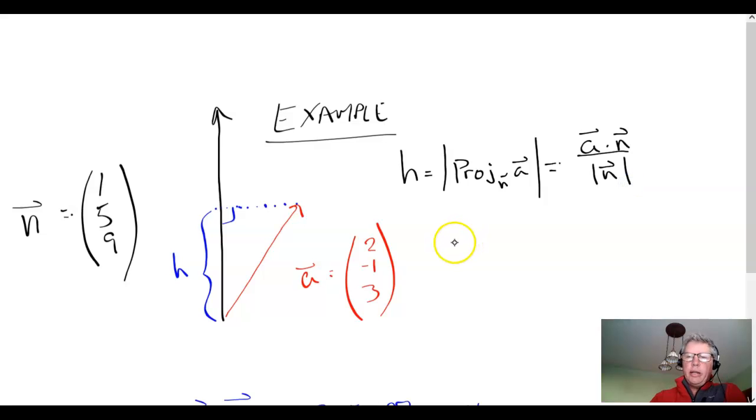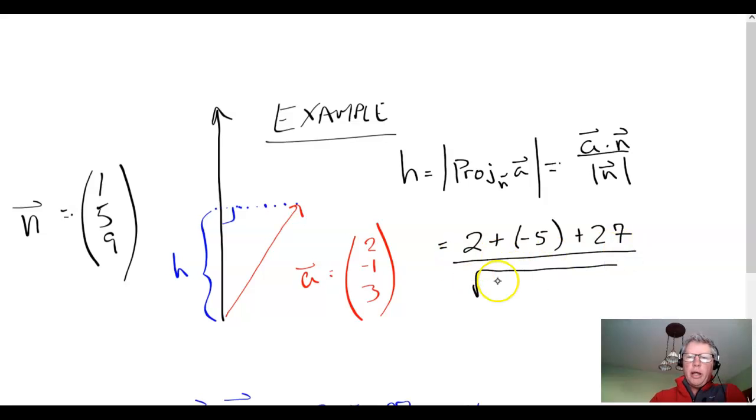And A dot n, last time I checked, is 2 plus -5 plus 27, over the magnitude of n, which would be the square root of 1 squared plus 25 plus 81. And we get a crazy 24 over the square root of 107. And that is it for today.